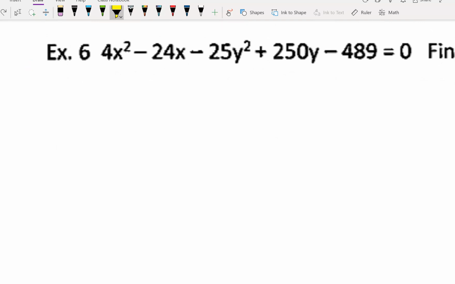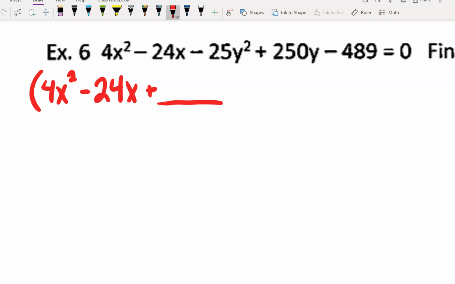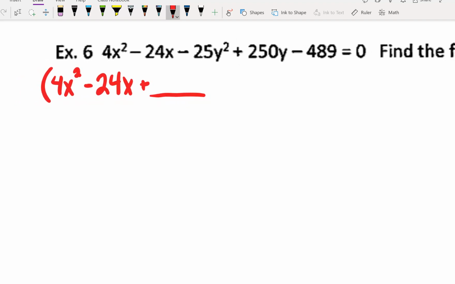So this is going to be 4x squared minus 24x plus blank, because we are going to find a special number that completes the square so that we can factor that part. So that's the first part.